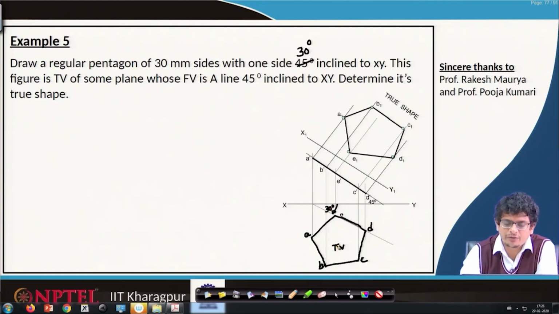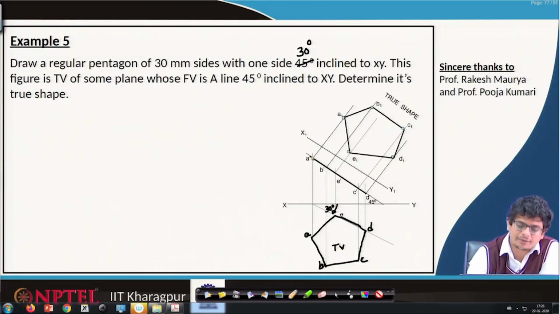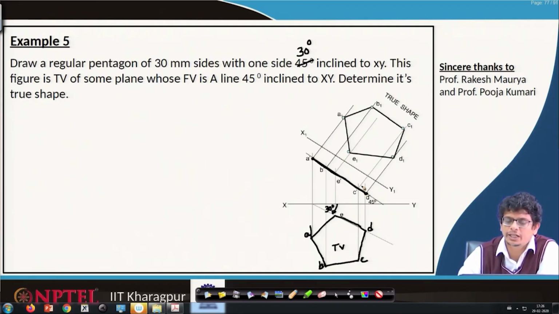Now, if we are looking at this figure, the front view might be giving a line. So, this is the line. The way we do it is by projections; if we make it, it makes a line and that is making a 45 degrees angle with xy.